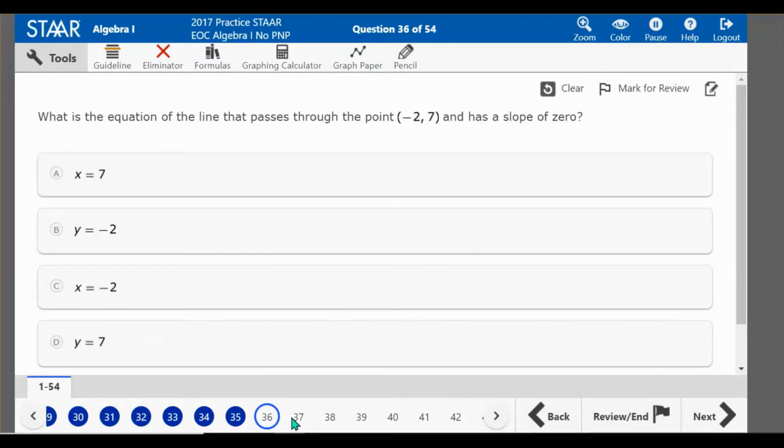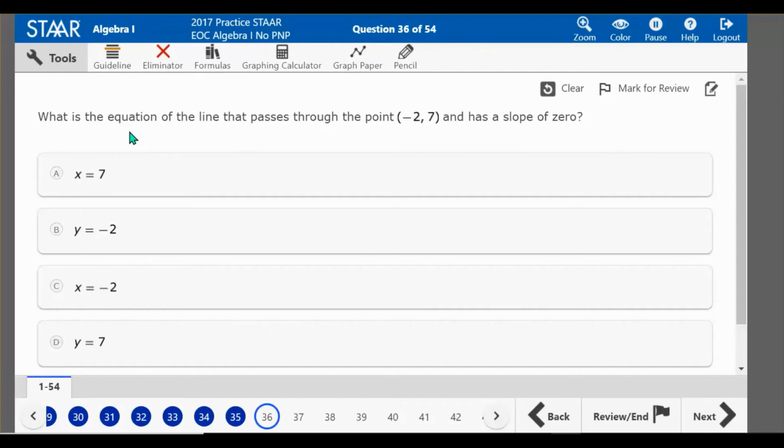What is the equation of a line that passes through the point (-2, 7) and has a slope of 0? If it has a slope of 0, it would mean that the answer is going to be y equals something, because an undefined slope is when x equals something.